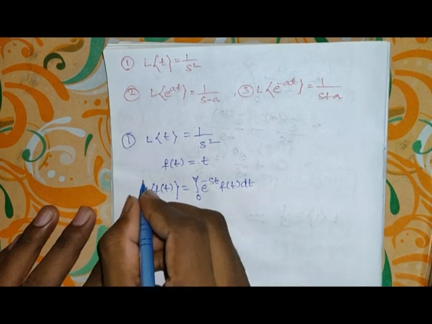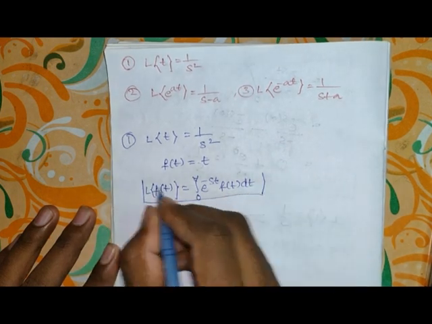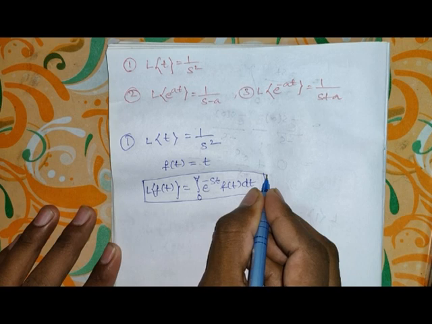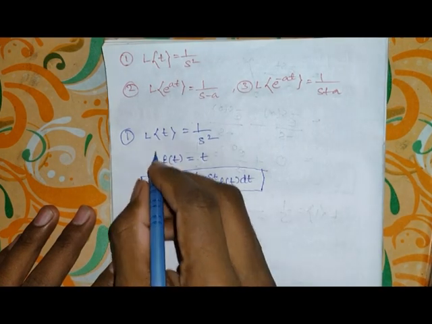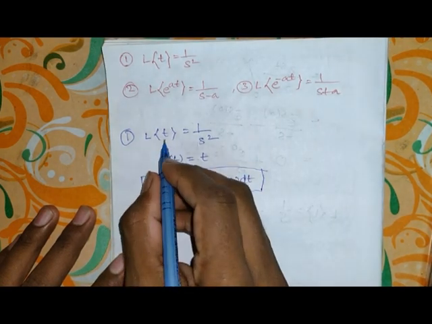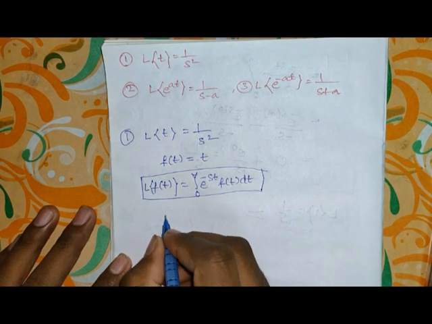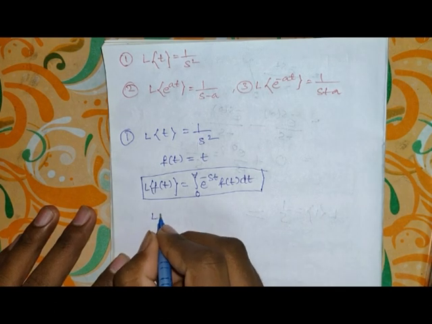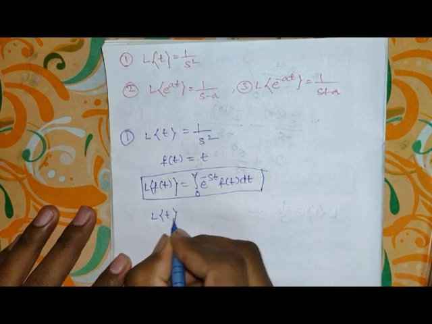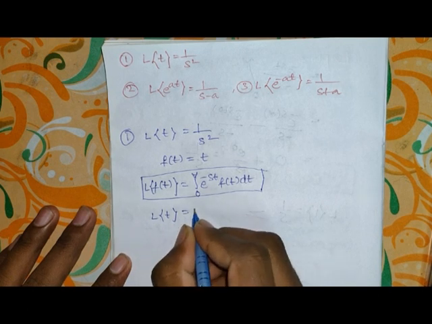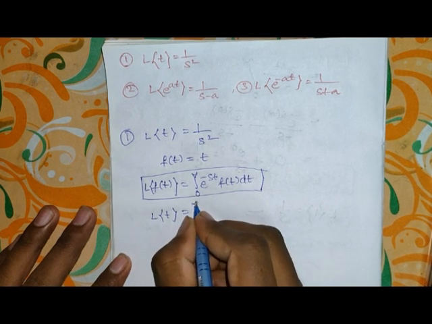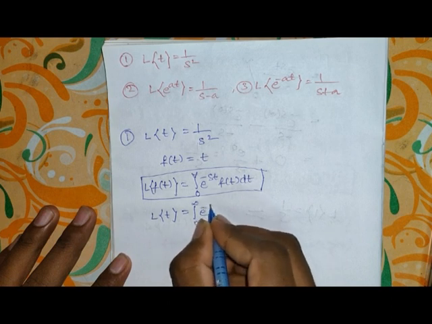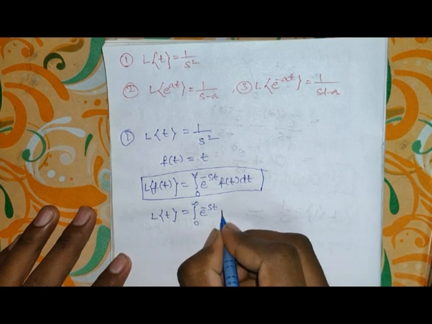So this is the main formula. See, what is f of t? It is t. So we will take Laplace of t equal to integration 0 to infinity e^(-st) t dt.